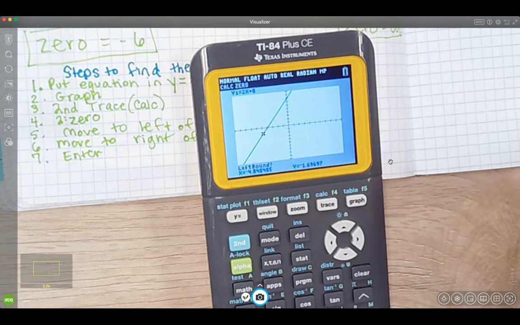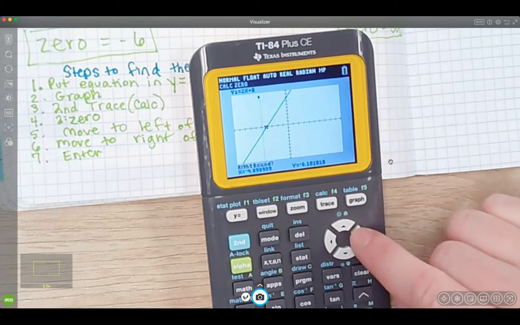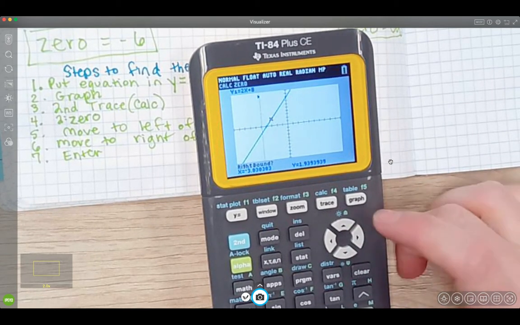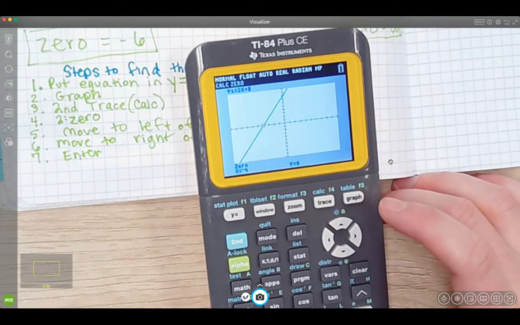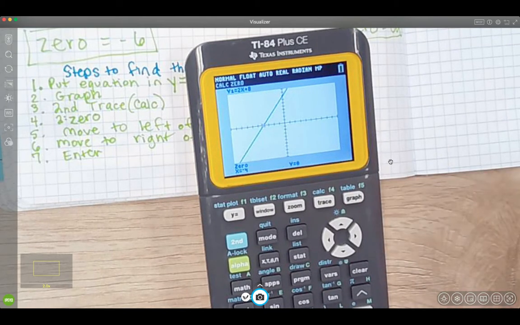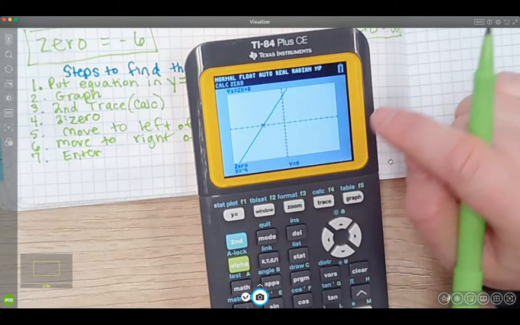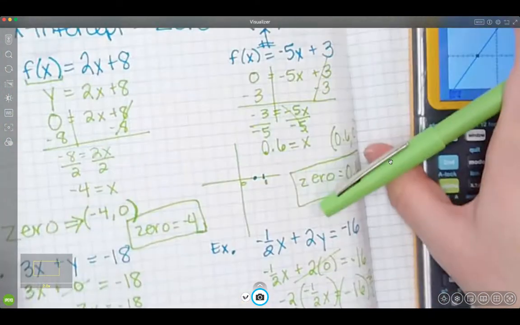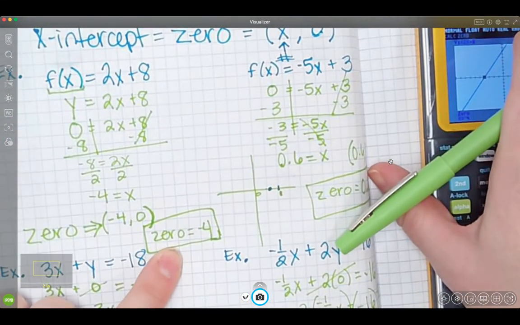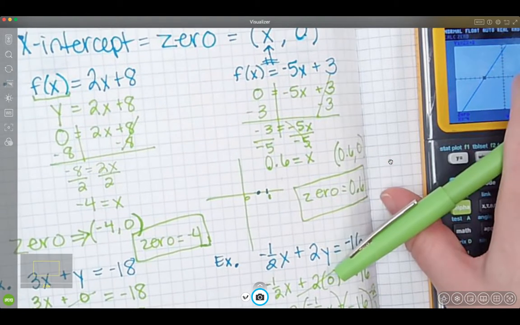Right there. Push enter. Then arrow right. Enter. And then push enter. And it works this time, right? Yay. Okay, so it says 0, -4. Is that what we got whenever we did it by hand? Yeah, right there. 0 was -4. -4 is 0.